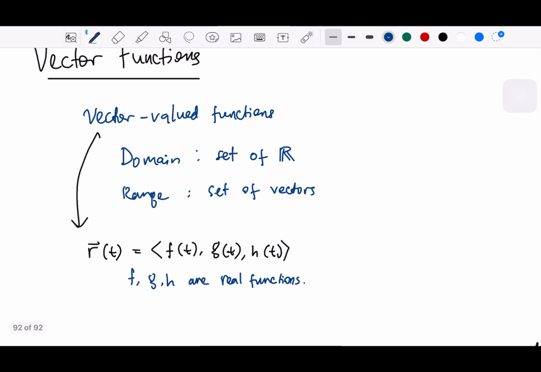And t, as in parametric, is a parameter or independent variable. So we are going to write down the vector using this r a lot in this chapter.